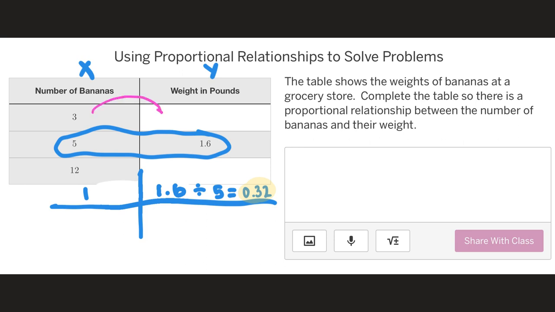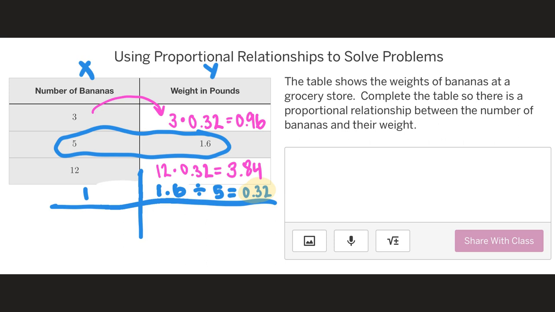So if we want to go from 3 to here, we would just go 3 times 0.32. And that gives us 0.96. And if we had 12, we would multiply 12 by 0.32 because that's still our constant of proportionality. And we get 3.84. So that is our table filled out.